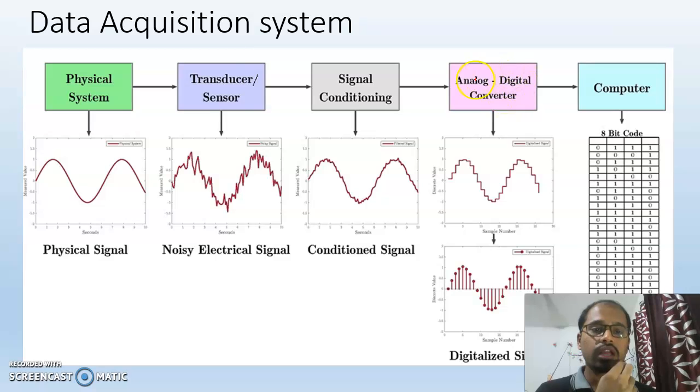If we consider the Arduino, the ADC is inbuilt in the system, and after the ADC, the data will be stored in the memory of the computer system. So these are the various blocks in this system.